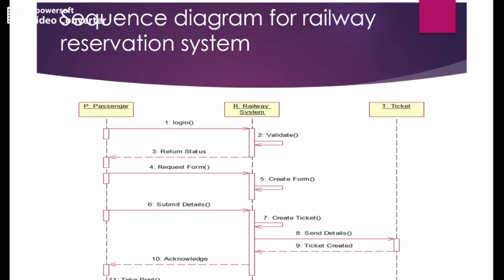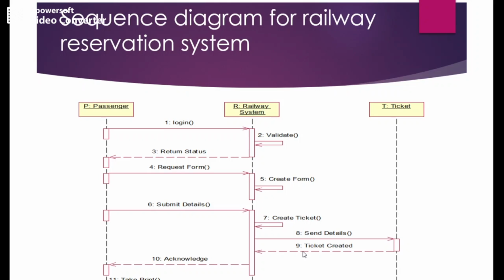So the ticket for that passenger. Now it will invoke create ticket, which means it will invoke this Ticket class. What is this Ticket class going to do? It will generate the ticket for the passenger.